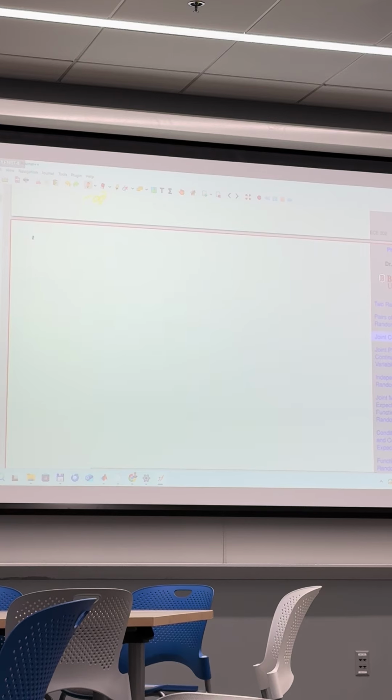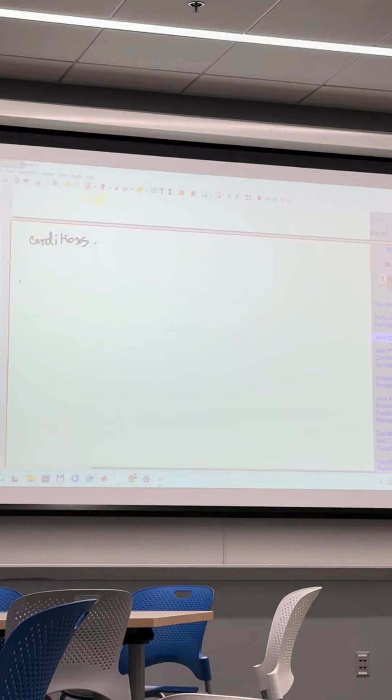Conditions. One: if x less than 0 and y less than 0. Okay. So you write the joint CDF. I'm not writing the full definition because you guys already know I defined it.